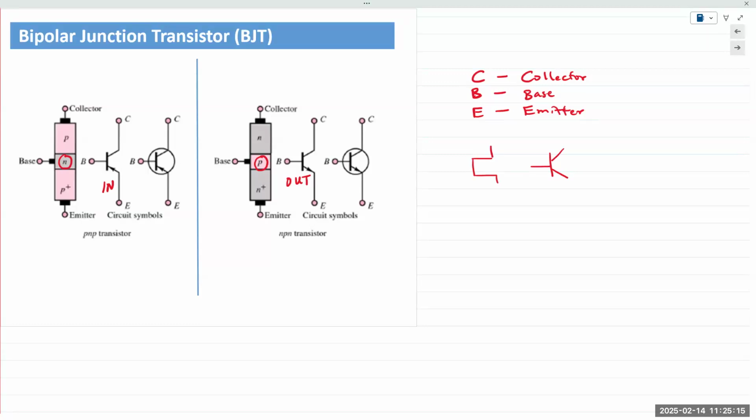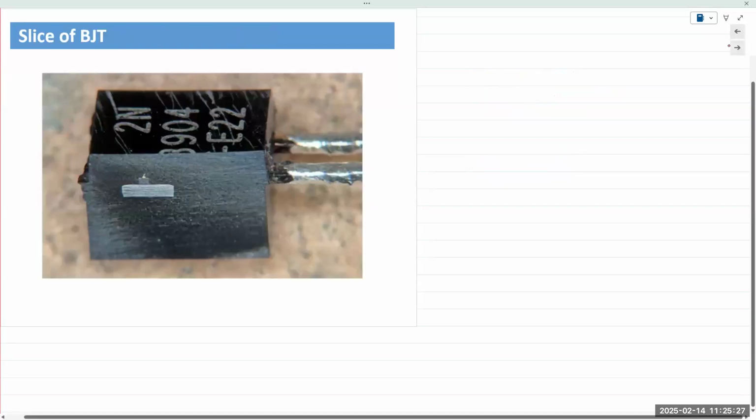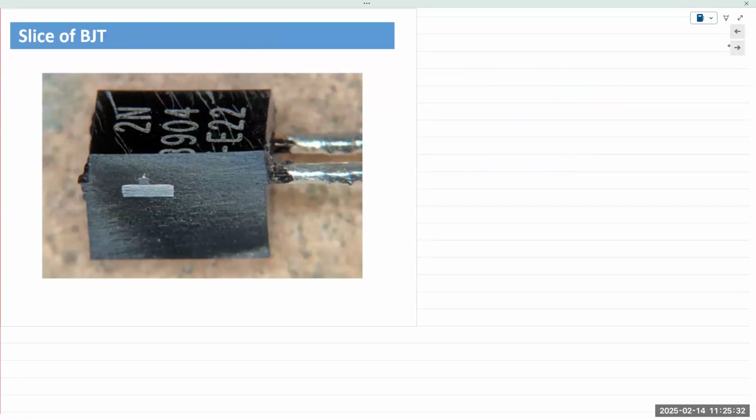Next few slides we'll go through a little bit quicker. This is a slice of an actual BJT. You might have this packaging of a transistor in your lab kits, unless it's a metal can packaging, and then you have three leads coming out.